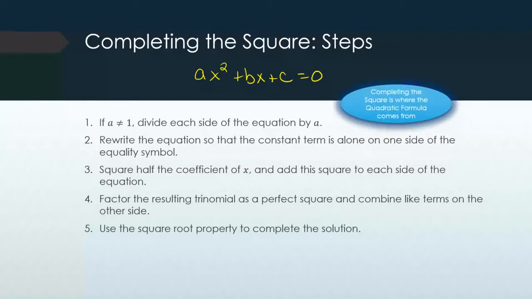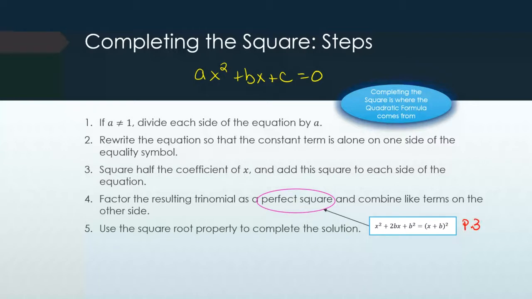So this whole process, this is where the quadratic formula comes from. By following this process, we can actually derive the quadratic formula. So step 4, where it says that we want a perfect square, that's this form. This is back when we learned factoring. That was p.3.